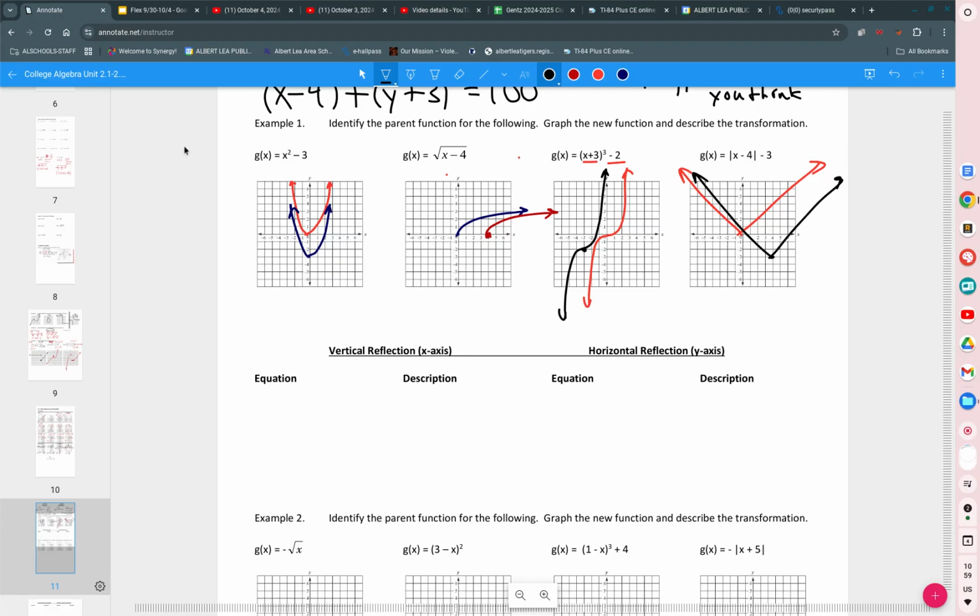I see the absolute value makes a V shape, and then I see that it's right 4 and down 3. We good? Questions going once, twice, thrice.